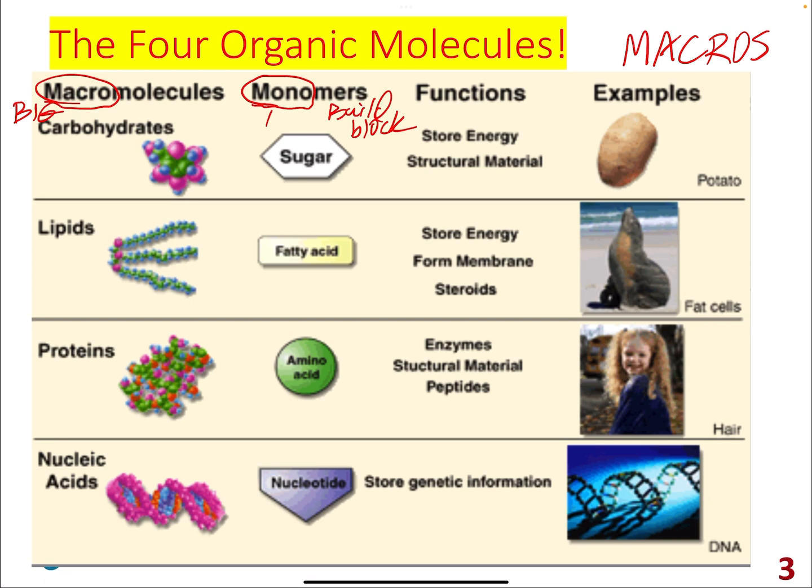So the 4 macros: carbohydrates for energy, lipids store even more energy, proteins, it's mostly to build us up. That's why it says structural. It can be part of your hair, it can be part of your immune system, your connective tissue, ligaments, things like that.